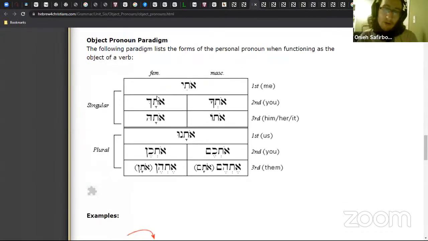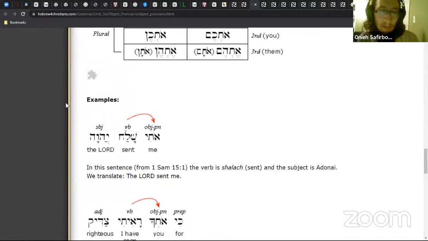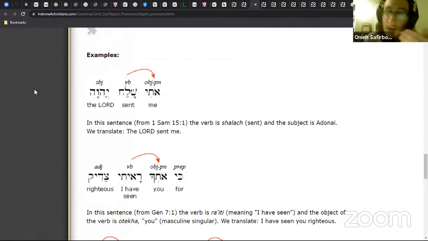So I guess it's used for the personal pronouns. So when you do personal pronouns, it's going to be used, but it's also used with names, and it's used with nouns that have the attached to it.